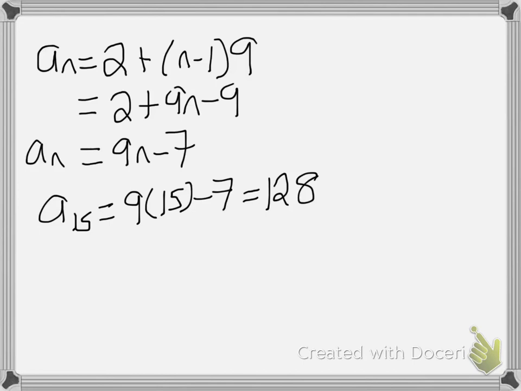All right, so let's move on to number 2. You're given 12, 7, 2, -3, -8 as your sequence. Again, we need to write the rule and find the missing terms. Actually, you're given 12 and -8.